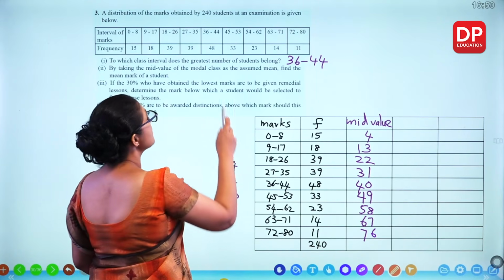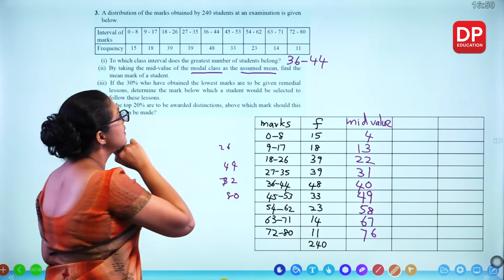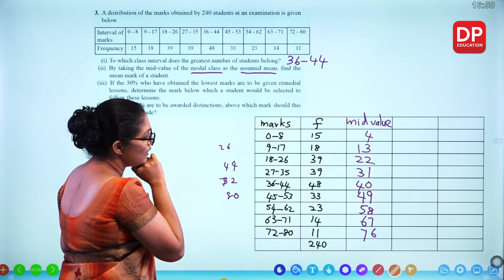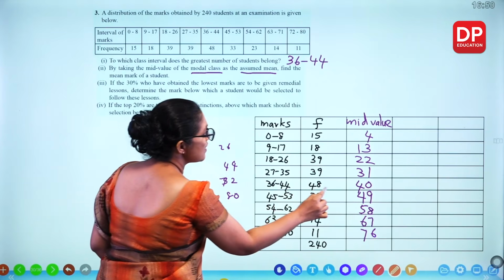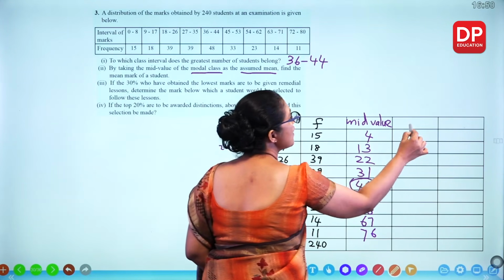Now, they are asking us to take the assumed mean as the modal class value. The modal class value is this one, so that's the assumed mean. Now we'll calculate the deviation.